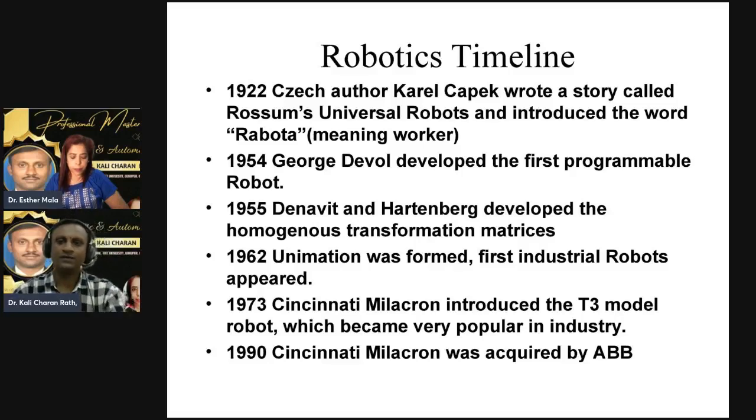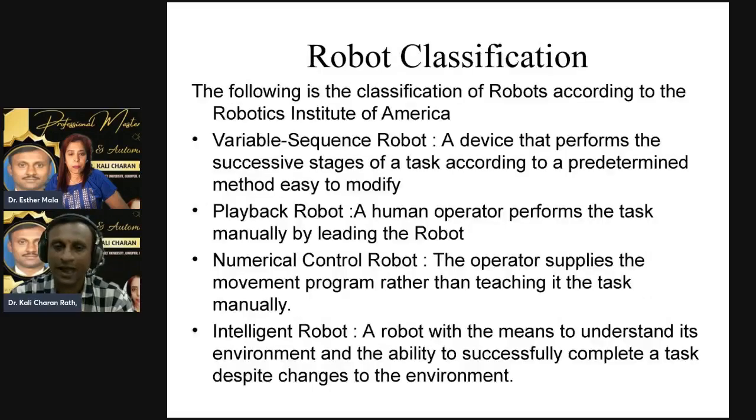So what is the robot? As per the Robotic Industries Association, a robot is a reprogrammable multifunctional manipulator which helps in the movement of materials, parts and tools as per the requirement, from one place to another place, or for operation purposes in a particular place in the assembly line.